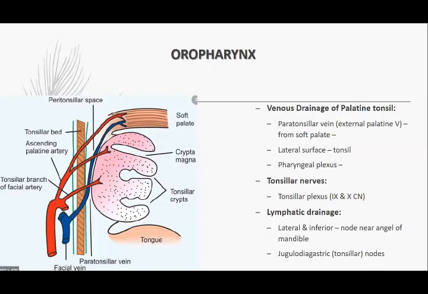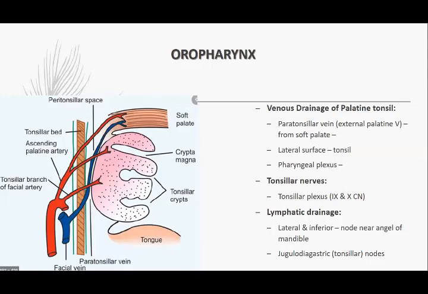Then it pierces the lateral wall of the palatine tonsil, that is, it pierces the superior constrictor muscle, and then drains into the pharyngeal plexus. The pharyngeal plexus forms around the walls of the pharynx.